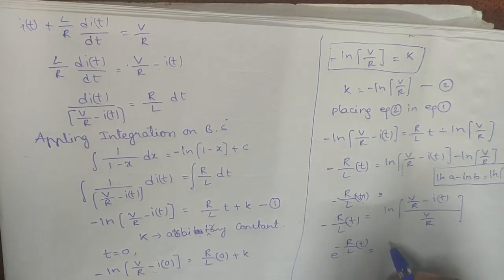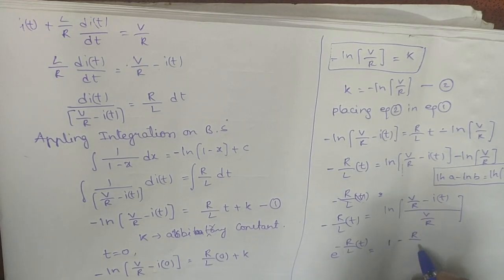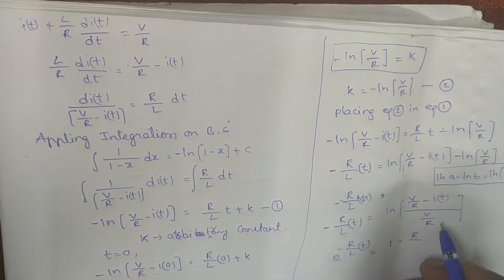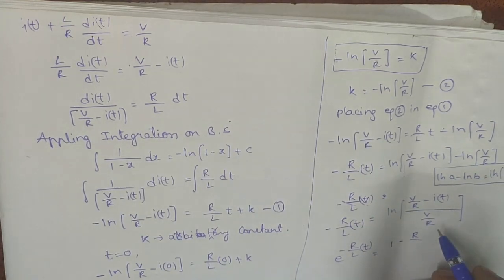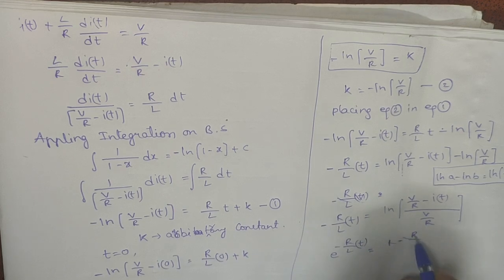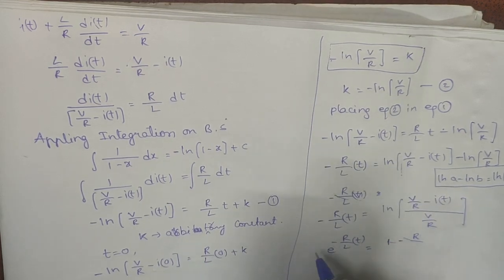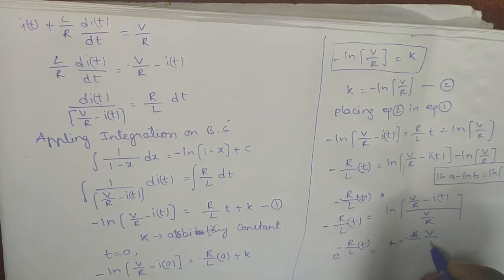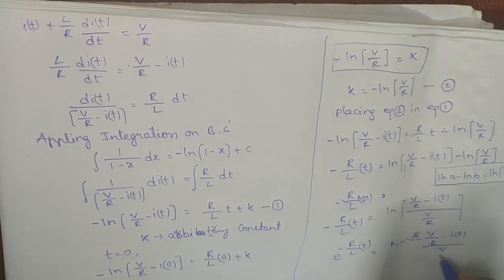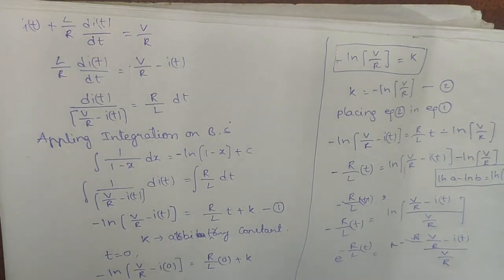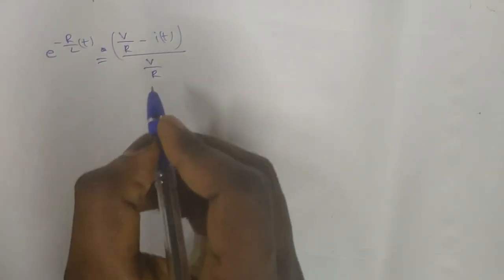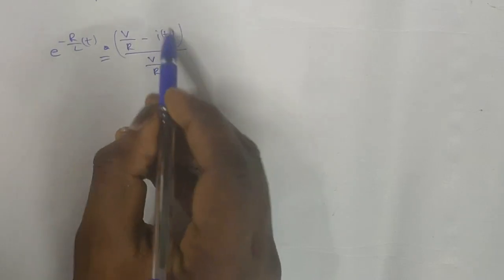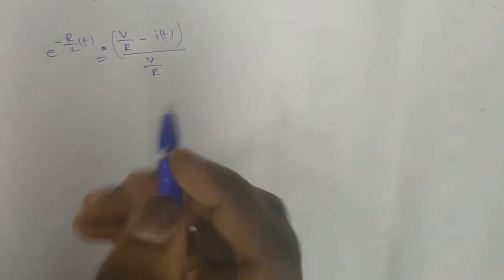when we divide this V by R, it will be 1 minus, and it is in the denominator, or we will move this V by R to this side. We will write as it is V by R minus I of t by V by R. Here this V by R goes to that side, and our aim is to put this in the LHS and remaining terms in the RHS.